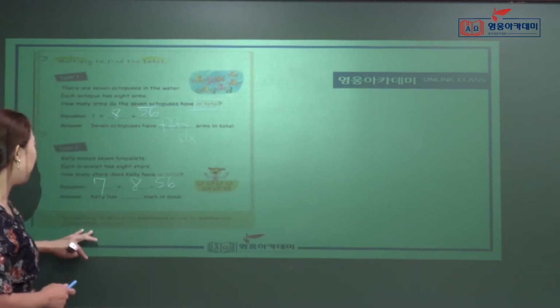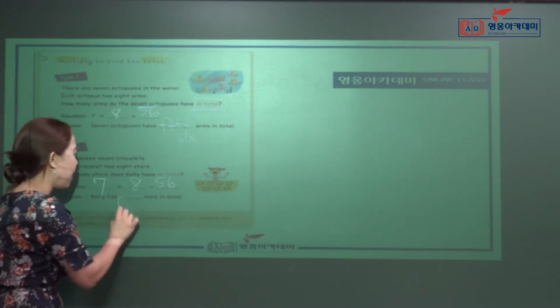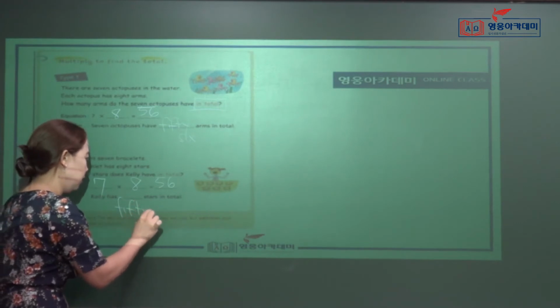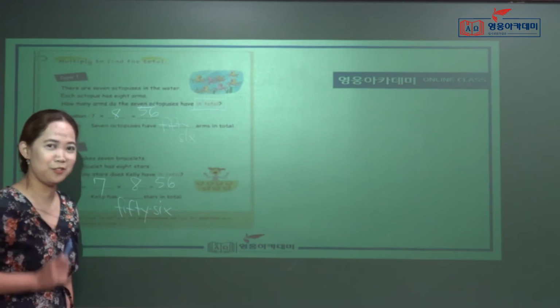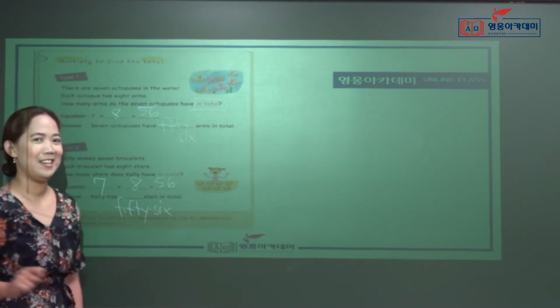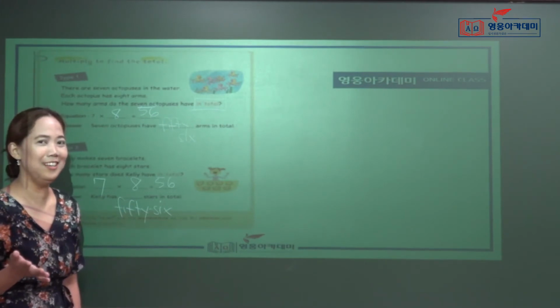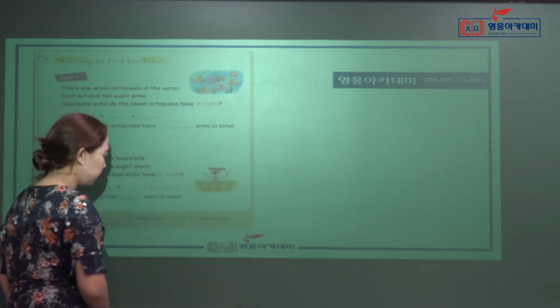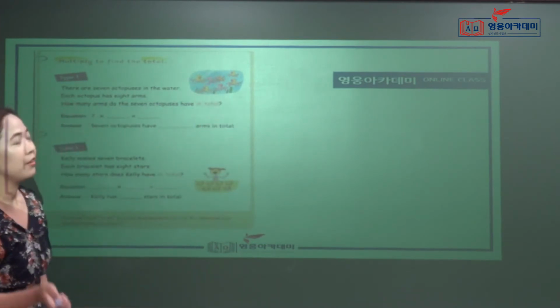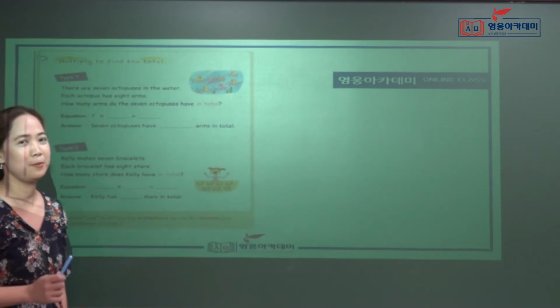Okay, so you can write here your answer. Kelly has 56 stars in total. Is it easy or hard? Okay. Now listen, guys, this is only for multiplication.